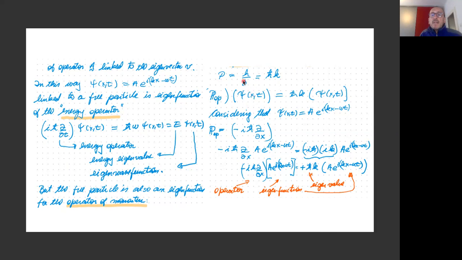So if I solve in the same way with a P operator, an operator of momentum, acting on phi, it should give me h bar k times the same wave function. What would that operator be? If I remember well, here I have ik, so if I take the first derivative of this, I drop down an ik, and so I have to multiply by minus i if I want to write the momentum in order to get this.